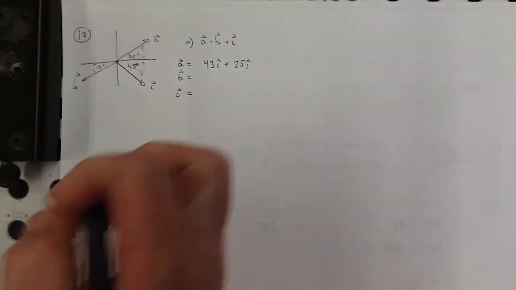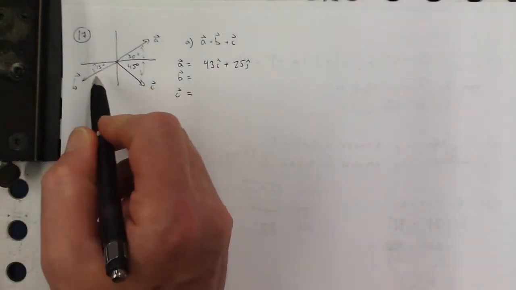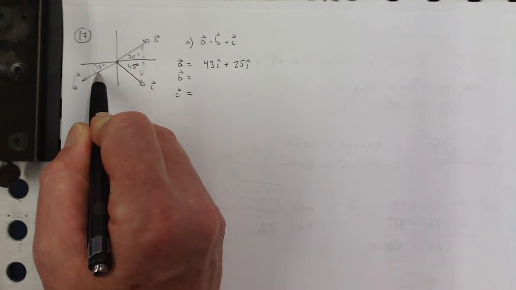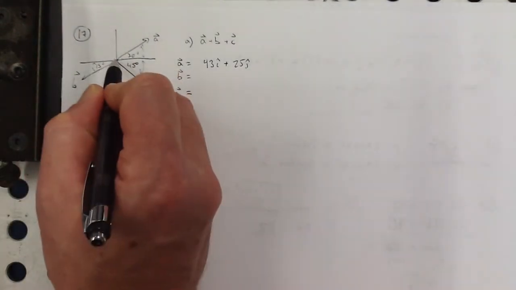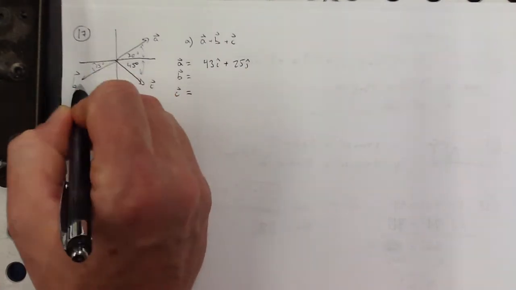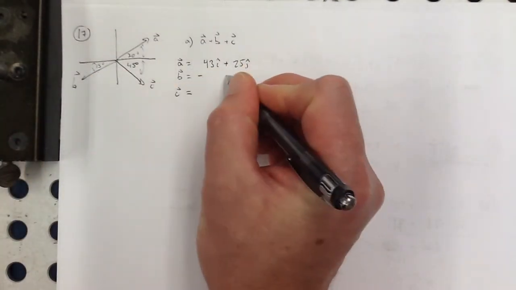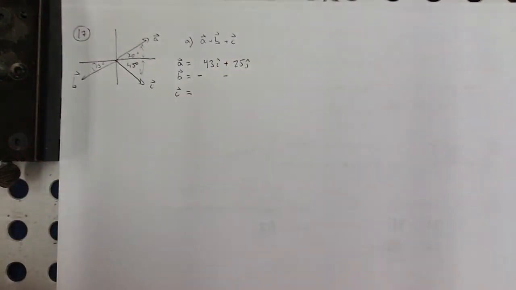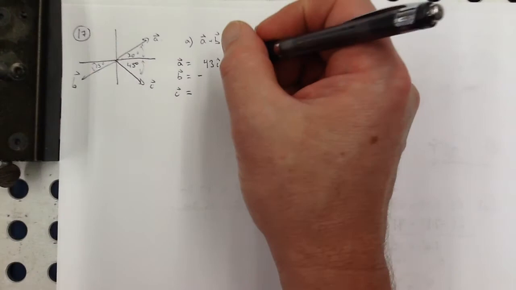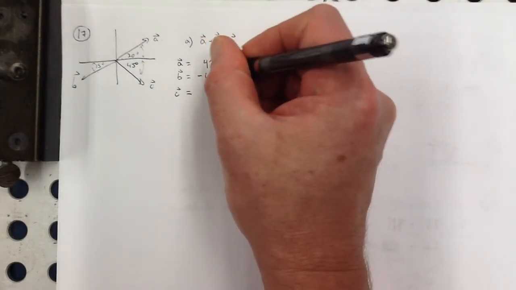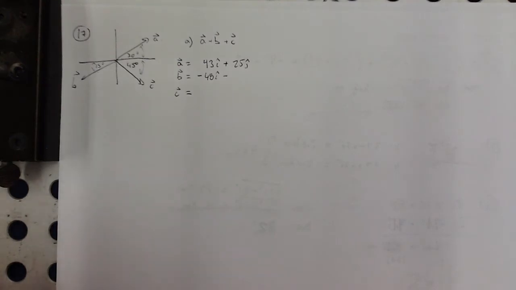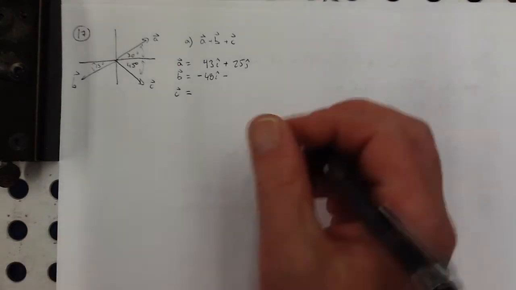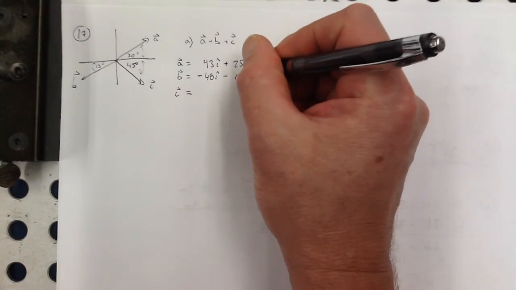Okay, for vector B, I'm going to do 50 cosine 15 and 50 sine 15. And I'm going to make sure that they're both negative because I'm in the third quadrant. So let's see, 50 cosine 15 is about 48, and 50 sine 15 is about 13.